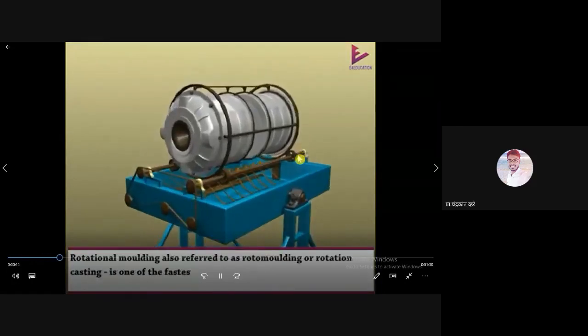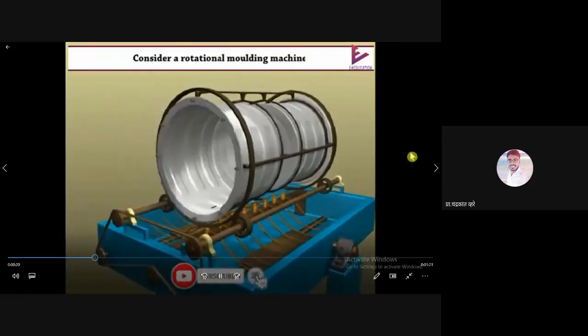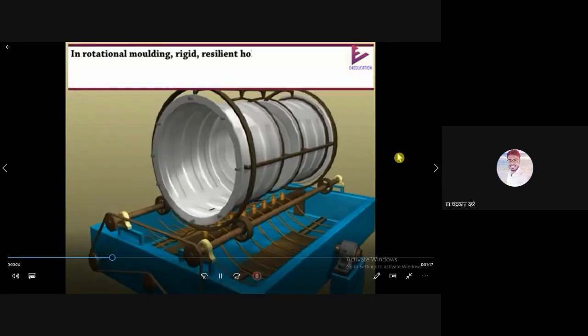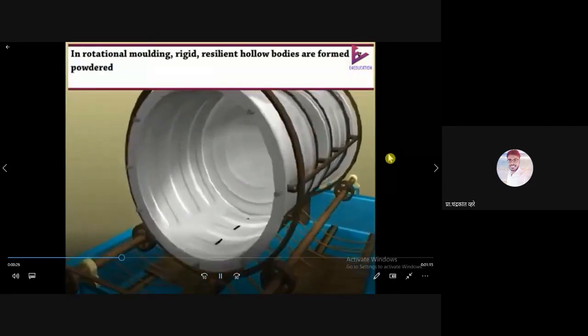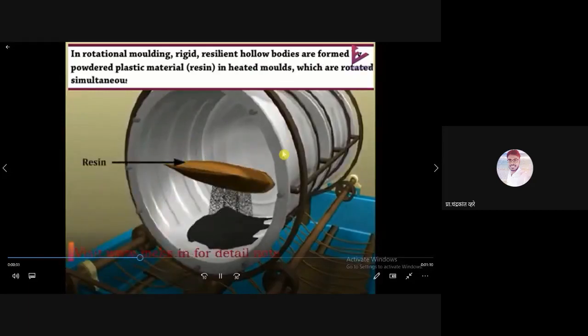These are the bearings, this is also a bearing, and this is a drive. Just see the video. This is the inside portion, and you can call this the mold.